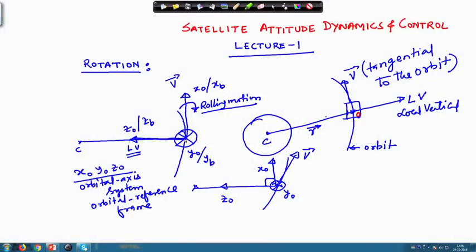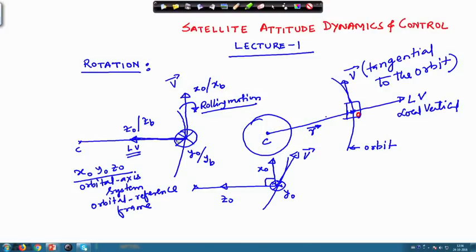Now, if I rotate like this, obviously the z body axis will no longer remain in the same direction as the z orbital axis, say in the case of the aircraft, as you are taking z to be vertically downward. Suppose I fix in space one line like this, and we assume that this was the previous orientation of the z body axis.